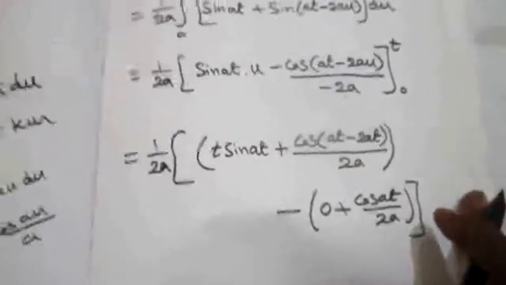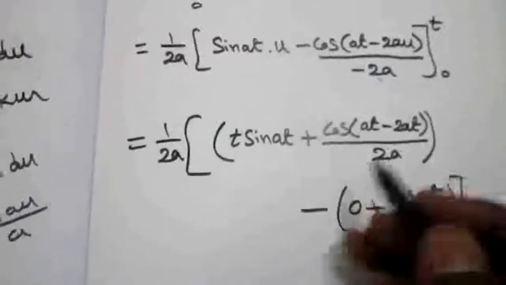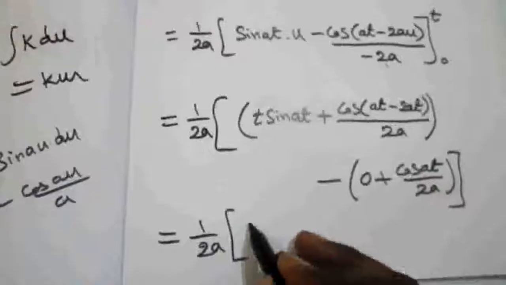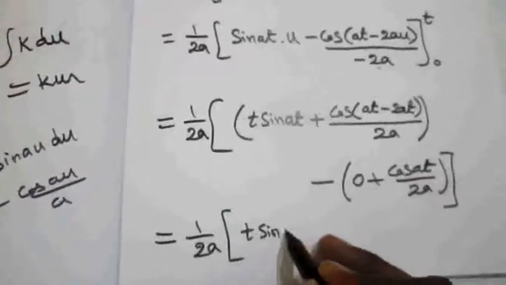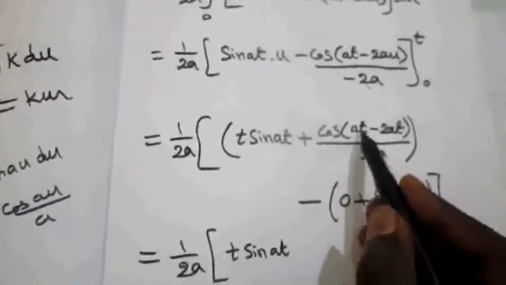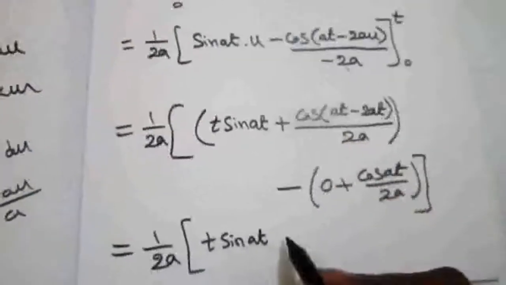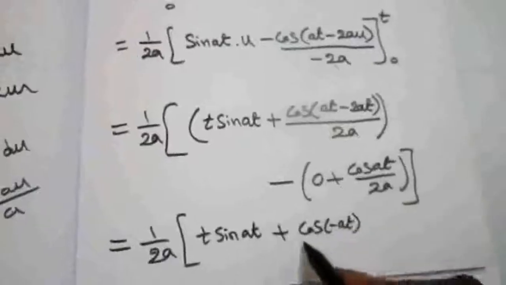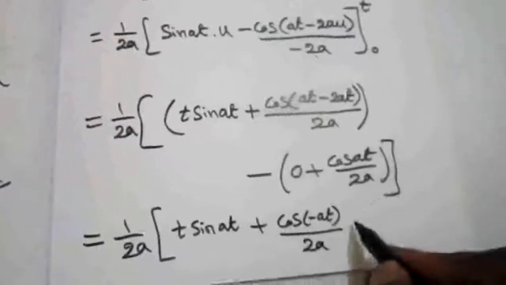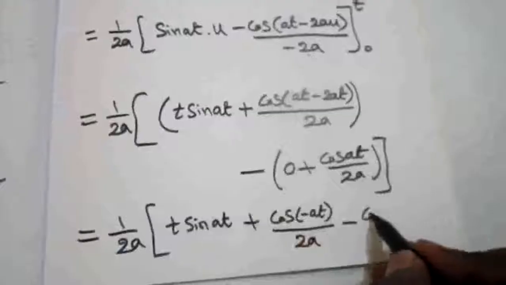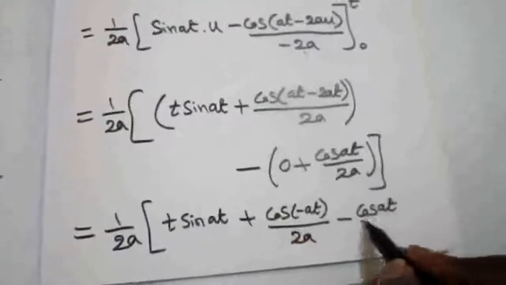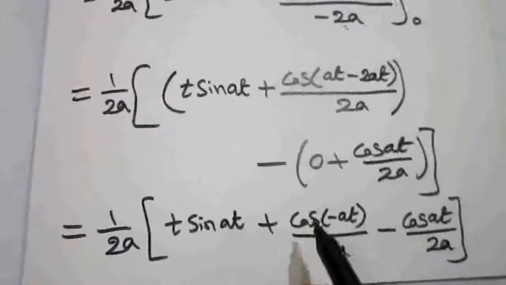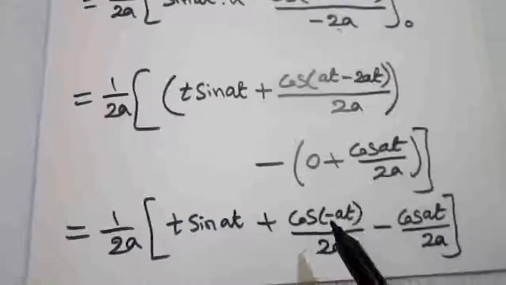Now the simplification. You see 1 by 2a into t sin at, and cos(at minus 2at), which is cos of minus at, divided by 2a, minus cos at by 2a. Listen, what is cos of minus at?